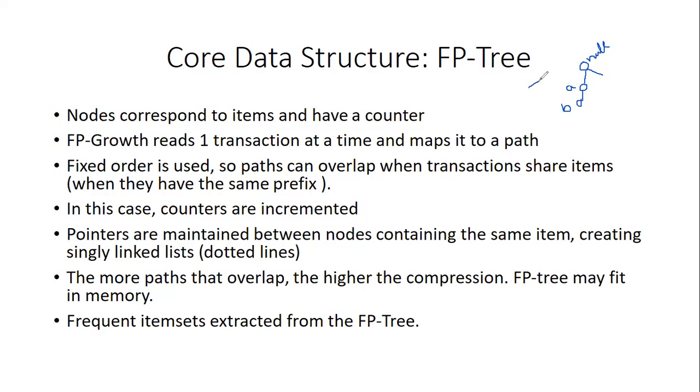So we have created a branch called AB and given the counter as 1 for A, and B also 1.